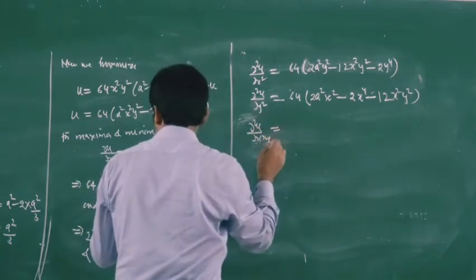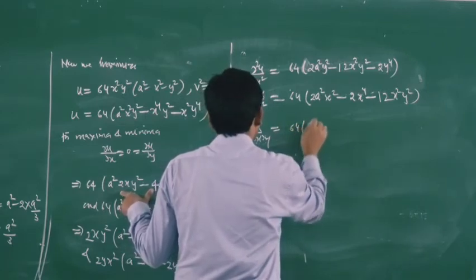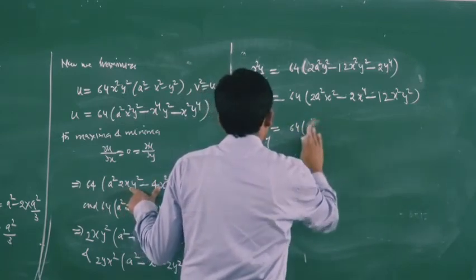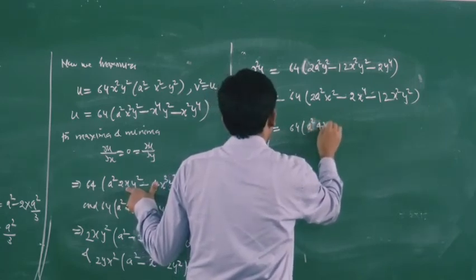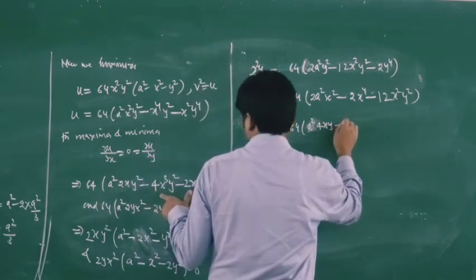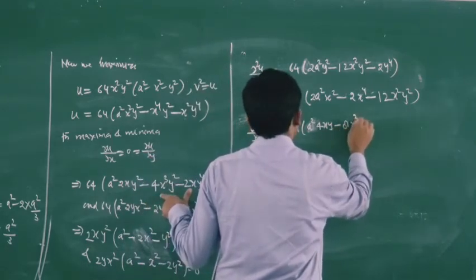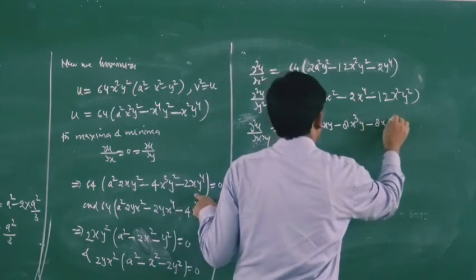Now if we differentiate this equation with respect to y, then we will have 64 into a², now this will be 4a² into 4xy, now this will be your 8x³y, and this is your minus 8xy³.